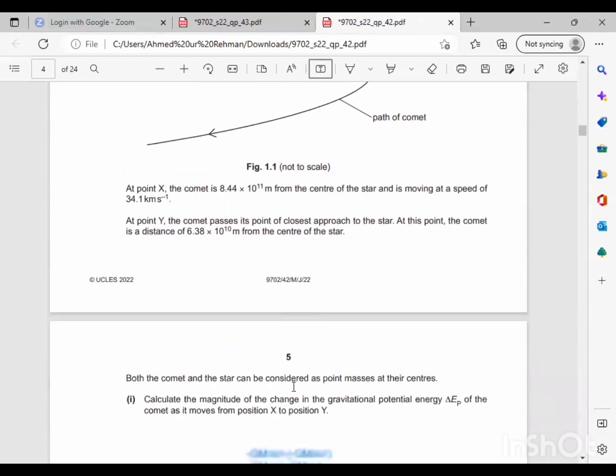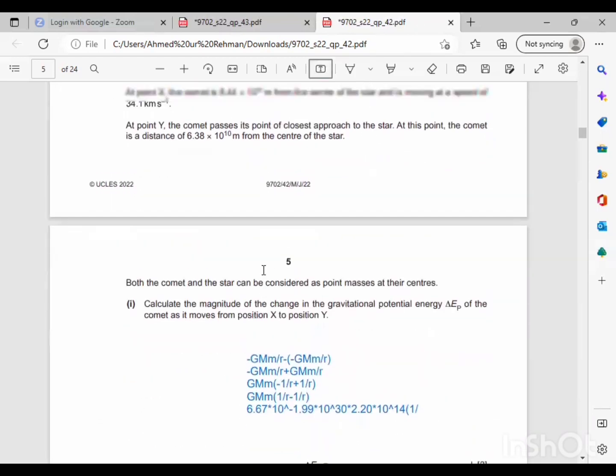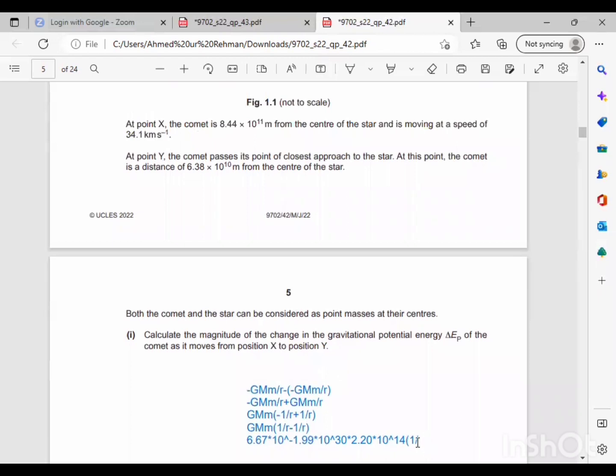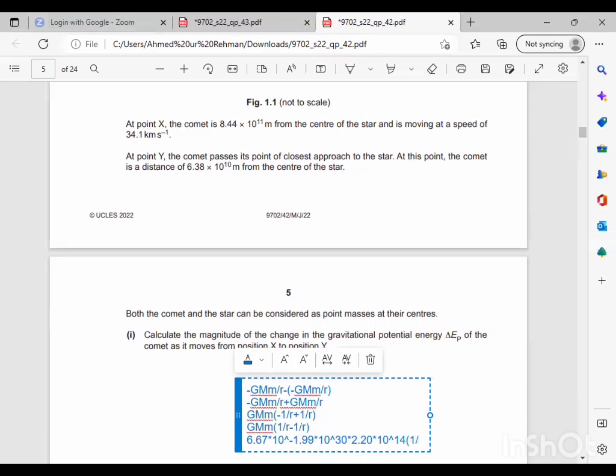So it's 8.449 to the power 11, and then the other one is 6.38. We're going to write the smaller value first, because when we divide that by 1, we're going to get a bigger value.